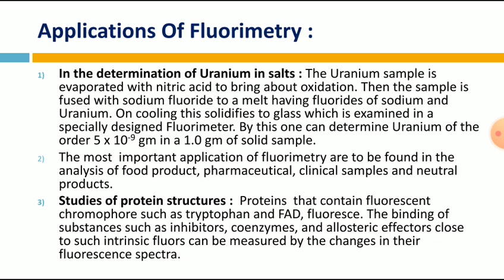For that, proteins that contain fluorescent chromophores such as tryptophan and FAD are used. The binding of substances such as inhibitors, enzymes and allosteric effectors close to such intrinsic fluorescence can be measured by the changes in their fluorescence spectra. So this is the third one.